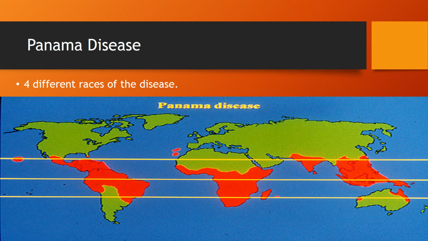And race 4, which is definitely the worst of them all, affects most banana varieties, including ladyfingers, ducasse plants, and our Cavendish. There are two important strains of this race, which are the tropical race 4 and the subtropical race 4.